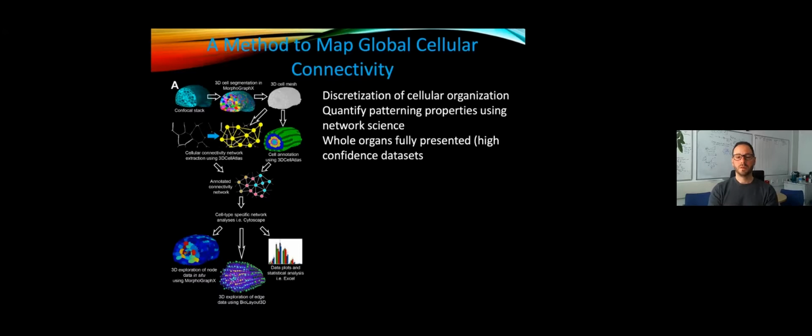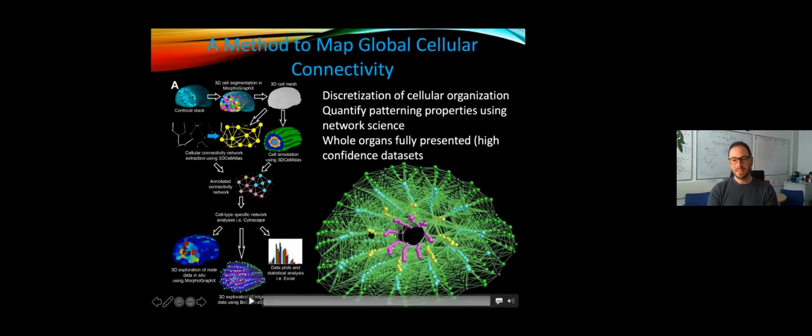And what's important about this is that we have the whole organ fully represented. So these are high confidence data sets. In other types of network types, for example, if we're looking at protein-protein interaction networks, the data is often incomplete, but also subject to artifacts and inaccuracies. These are actually extremely accurate. So we can look at the entire system all at once and have a very accurate overview of it.